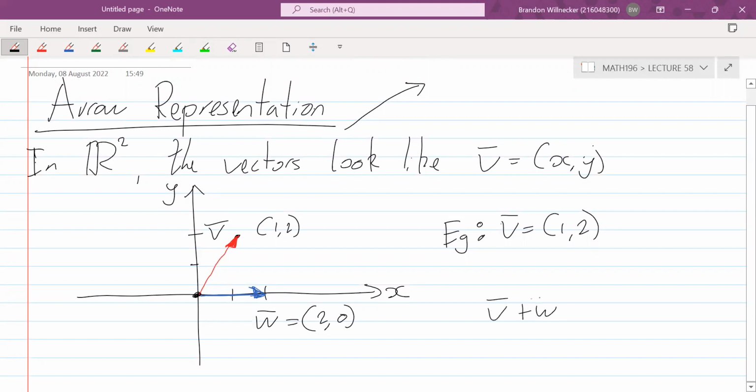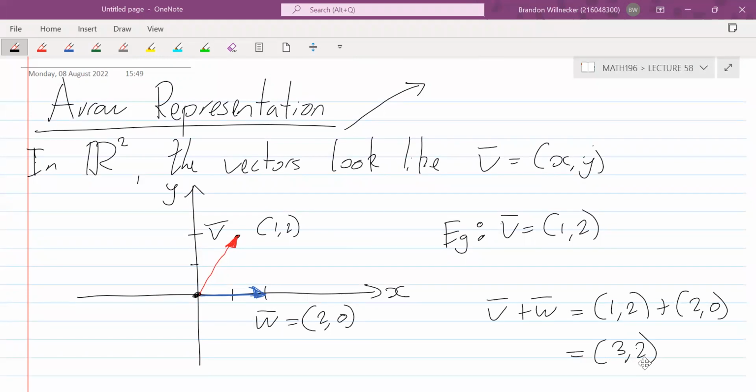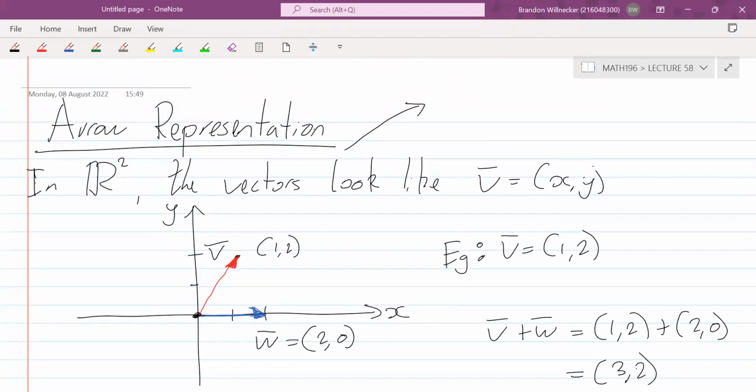So v plus w would be 1, 2 for v, plus 2, 0 for w, and that's going to be 3, 2. That's going to be the sum of the vectors. Now, if you want to do it visually using this arrow representation, what we do is we take these two vectors and we imagine a parallelogram where these two vectors are the sides.